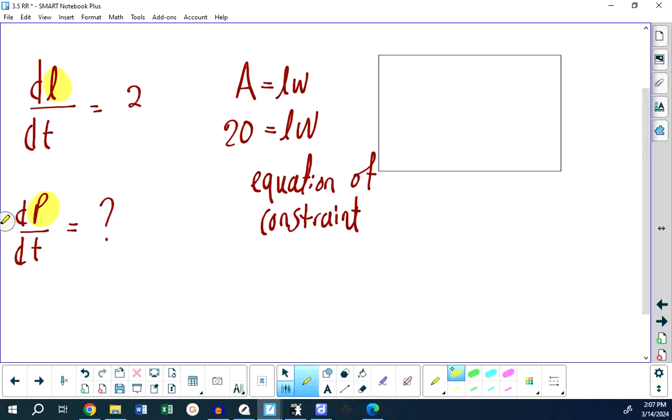If we know the rate of change of L, we need an equation with an L in it to get a dl/dt making its appearance once we differentiate. And if we're asked to find dp/dt, then obviously we need a formula with p in it, so that when we differentiate it, we get a dp/dt. But here's the issue. When you write out your formula relating perimeter and length, it turns out there's a width involved as well.